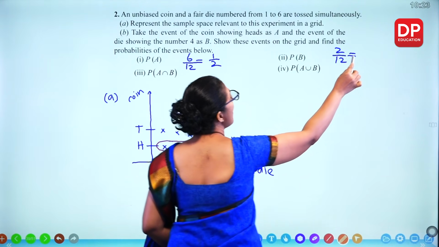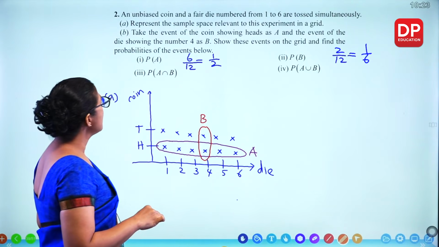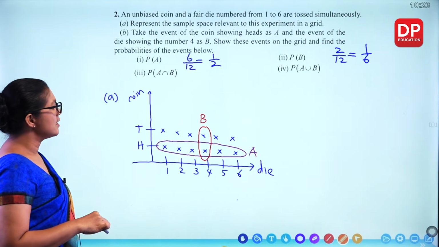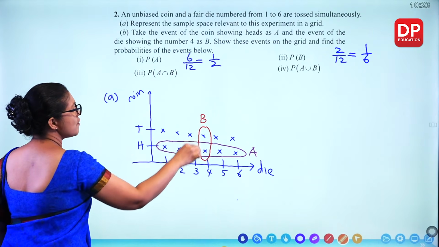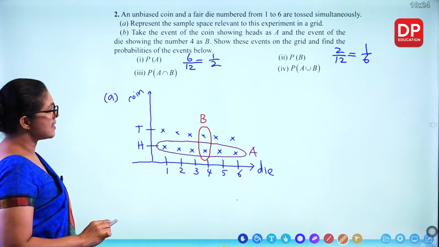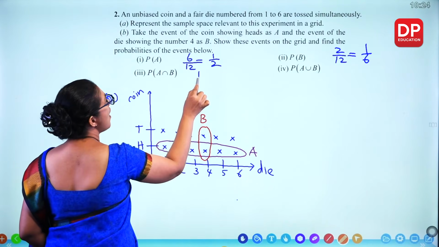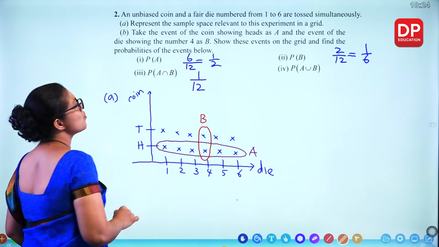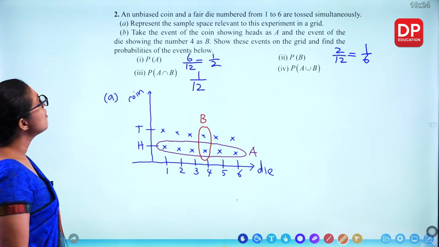When you simplify, you get 1 over 6. Third one, intersection. Intersection means the common region for both these two sets. What's common? Only one is common. 1 out of 12.